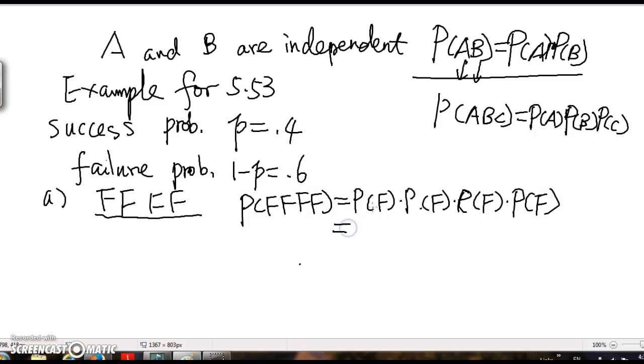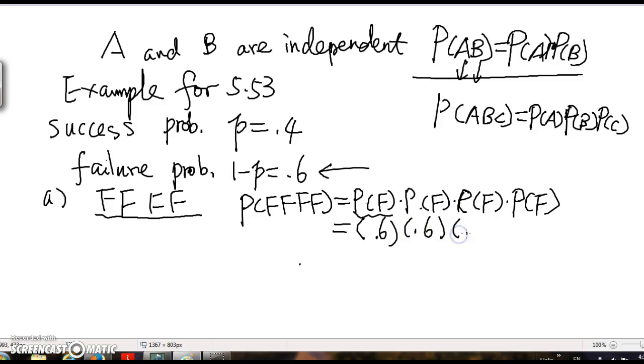So the probability of the first failure, let's look at the failure probability right here, is 0.6. The second time is still 0.6. It's not going to change. It's not going to be affected by the first time.